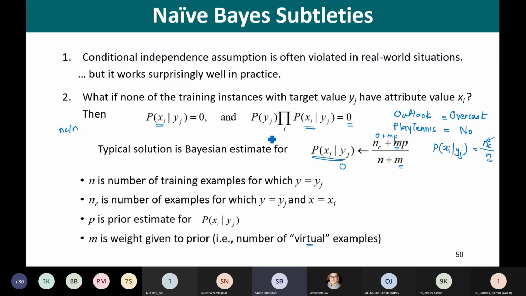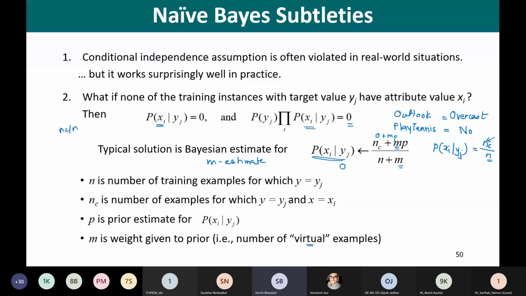Right? So this is a simple solution known as M estimate. Right? That is being used practically to overcome this problem. Right? So these were the important details of the Naive Bayes algorithm that we wanted to note.